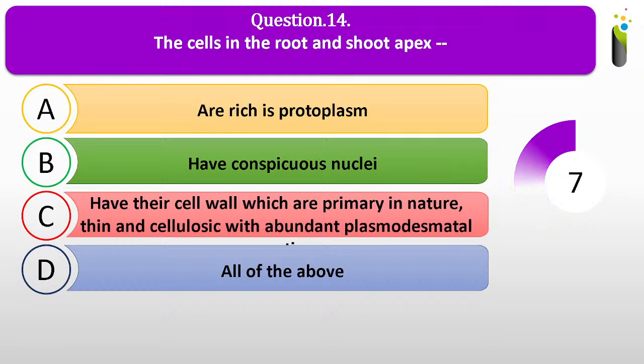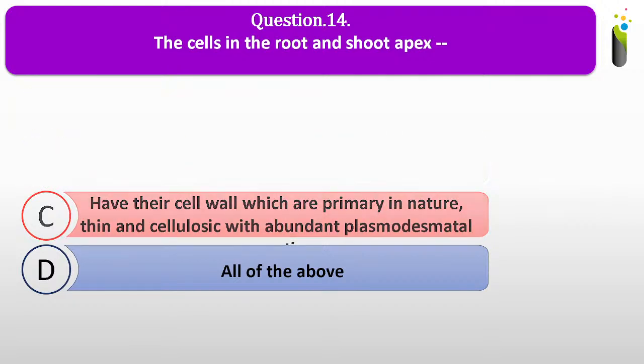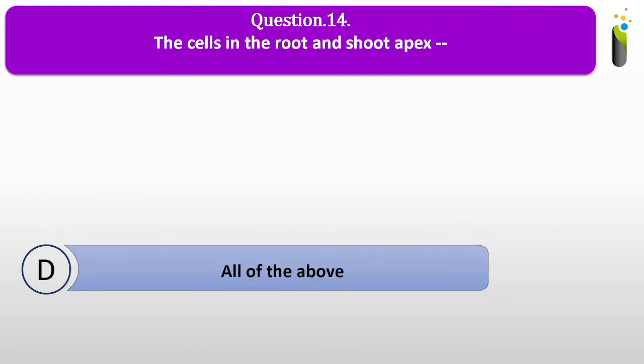So what should be the answer for this question? The cells in the root and the shoot apex. So the correct answer for this question is D, all of these.